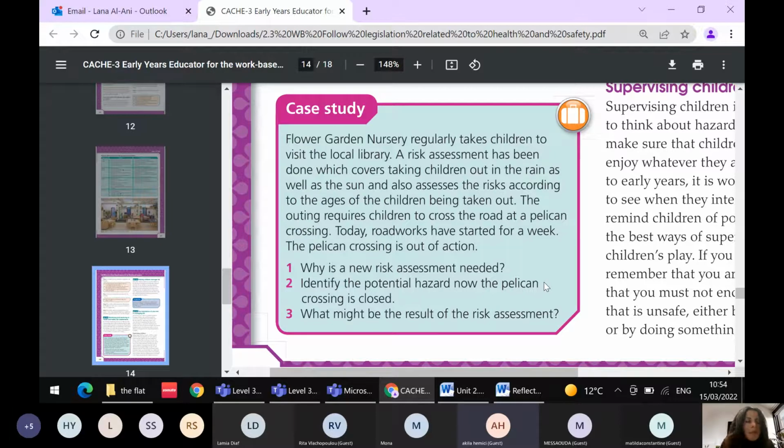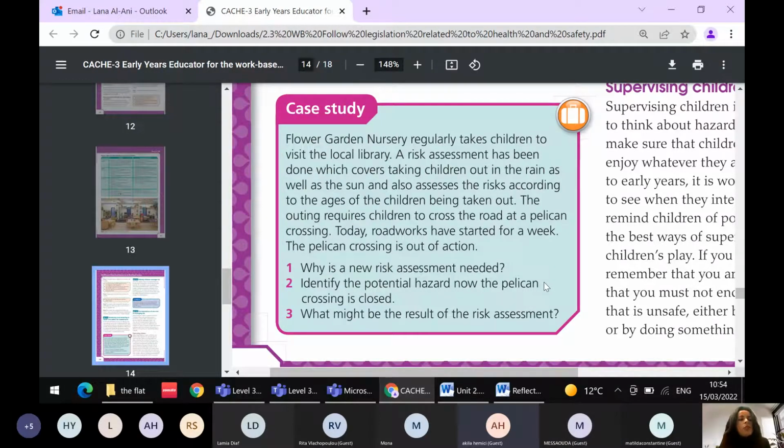So risk assessment, you take it whenever you plan to do any activities for the children. In the morning before the kids arrive, make sure everything is clean and tidy. There is nothing dangerous there. The kitchen is always clean. There should be no bacteria, no cutters, nothing on the surface. So risk assessment is always needed.